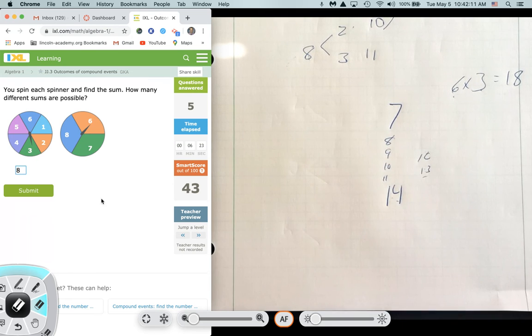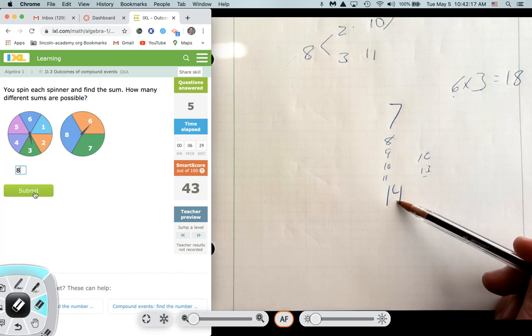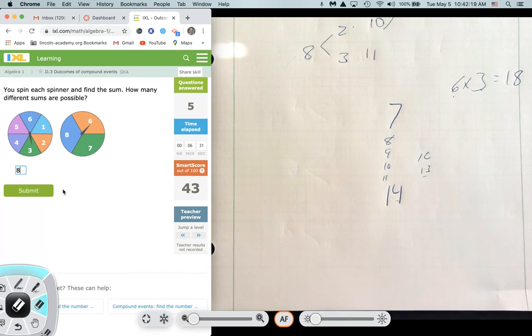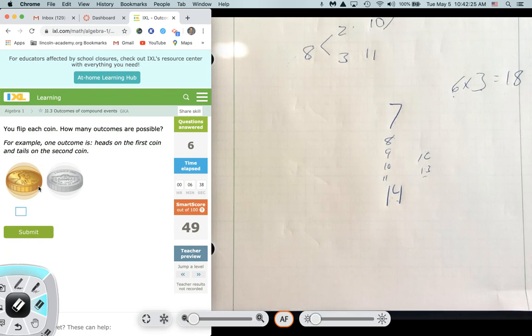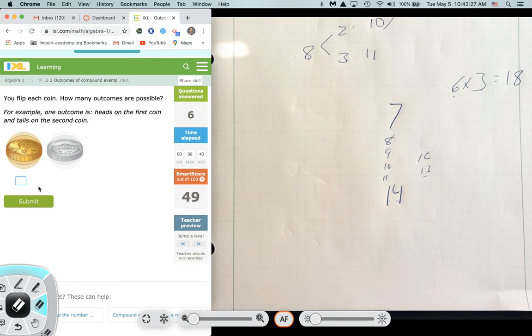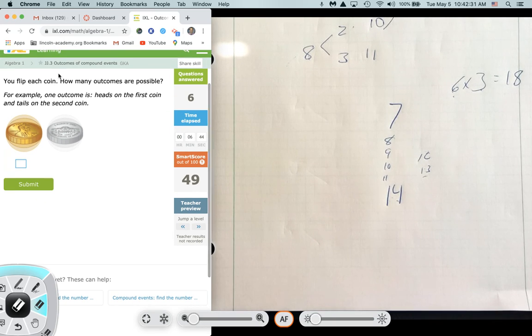I've counted that now like 5 times. So there's 8 unique outcomes because the smallest sum was 7, the largest sum was 14, and we can get everything in between. But that's only true because these are all consecutive. It would probably be a little easier or a little more precise if you did a tree diagram if the numbers weren't consecutive.